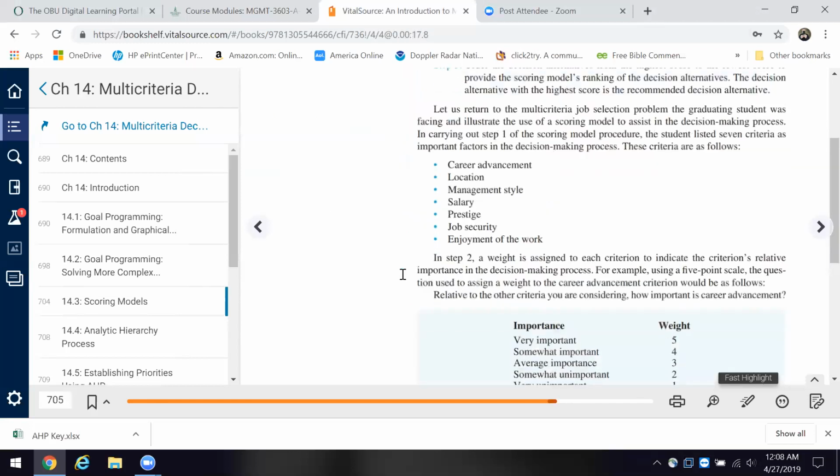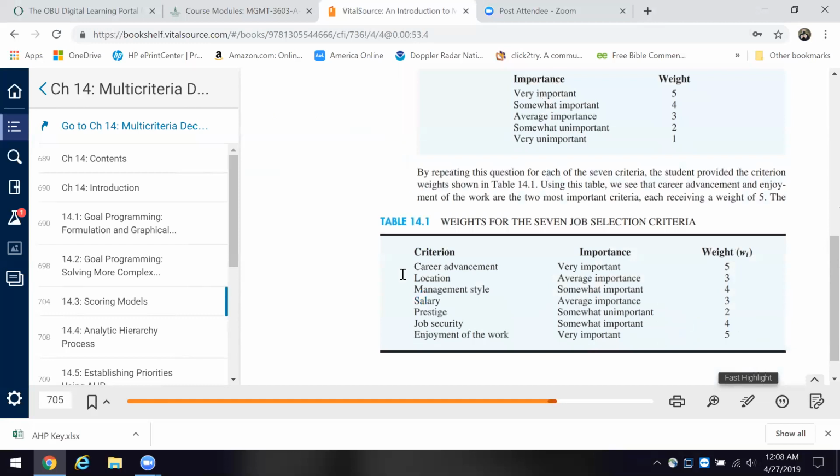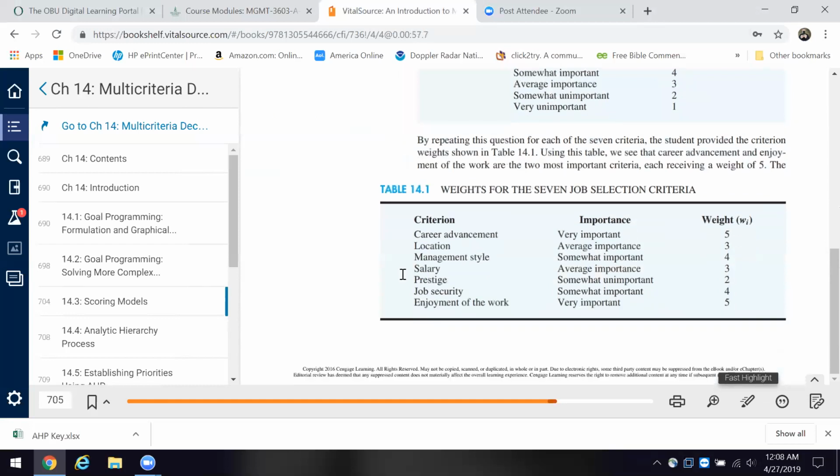And here are the criteria and the weights that are applied, and then we see the weights for the 7 job selection criteria. We have the 7 criteria. We have the weight, the 5, 4, 3, 2, or 1. We don't have any ones here. And then what that means, or supposedly means, after my soliloquy attacking the use of Likert scales and rankings.